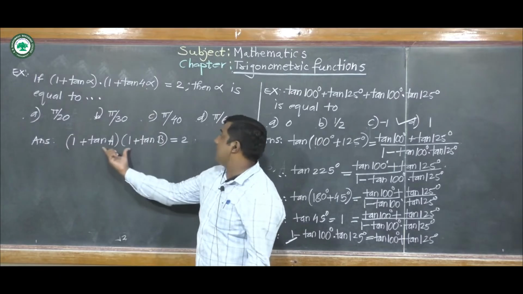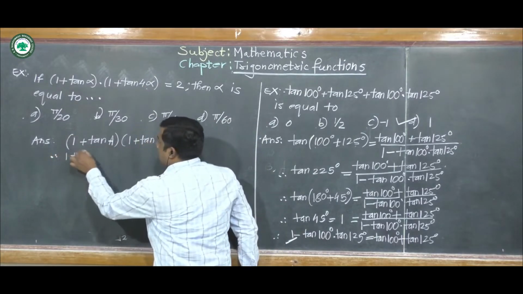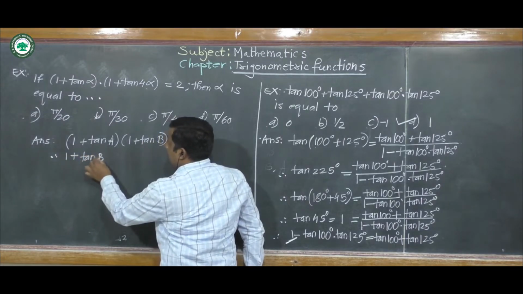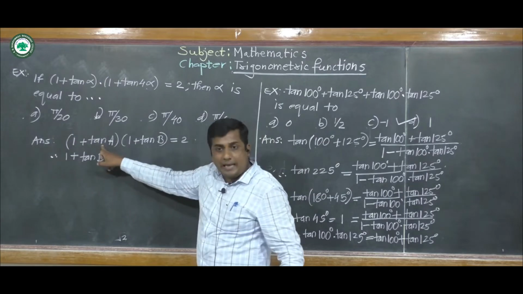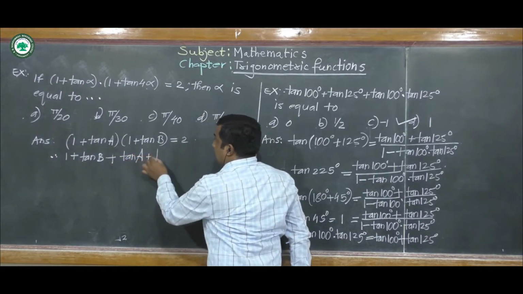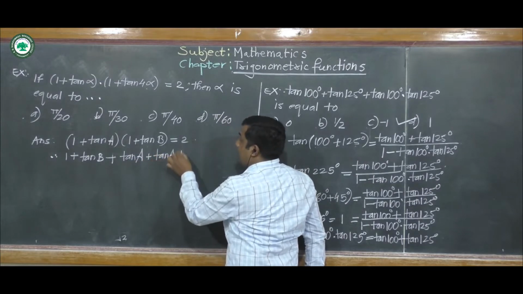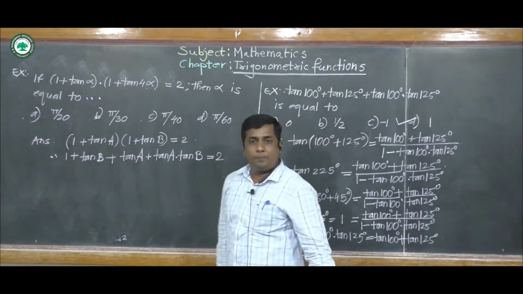Okay, if we consider the product of these two brackets, we get 1 plus tan B plus, now we multiply this bracket by tan A, we get tan A plus tan A into tan B, and this is equal to 2.